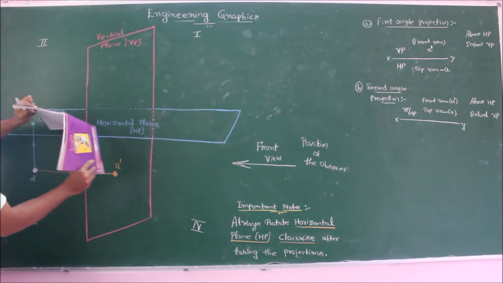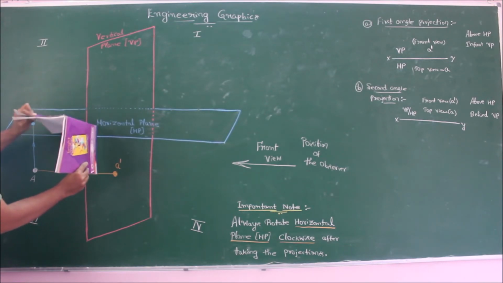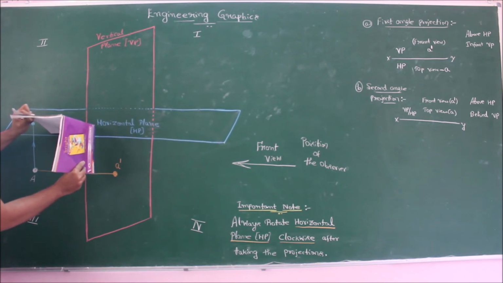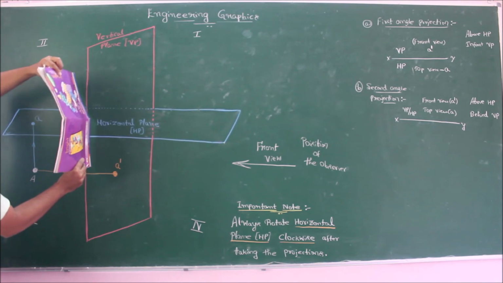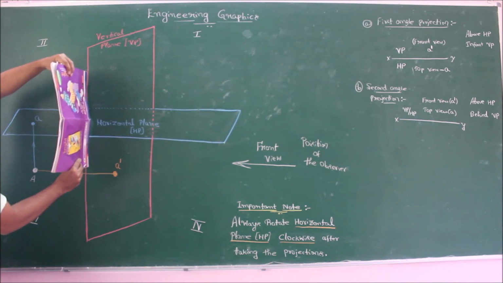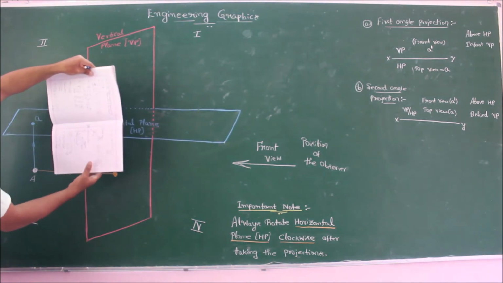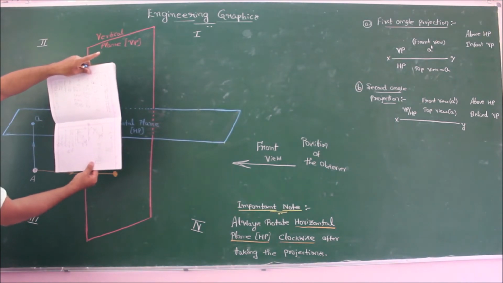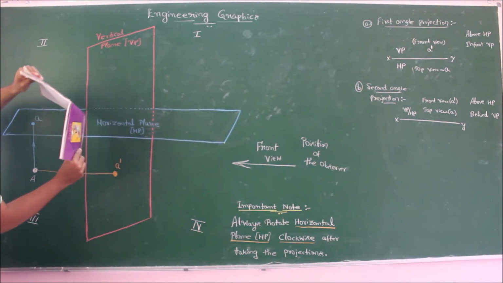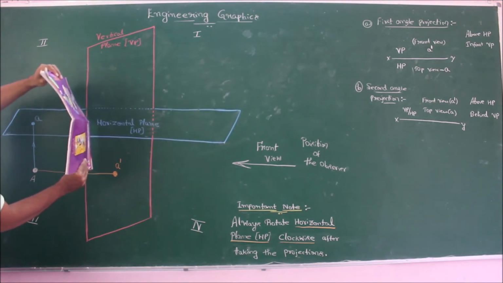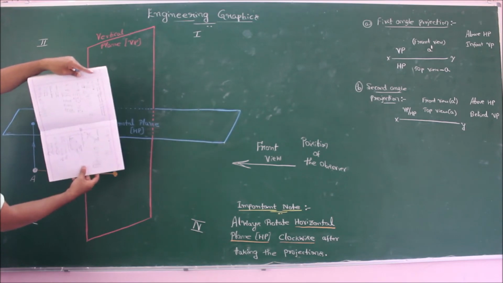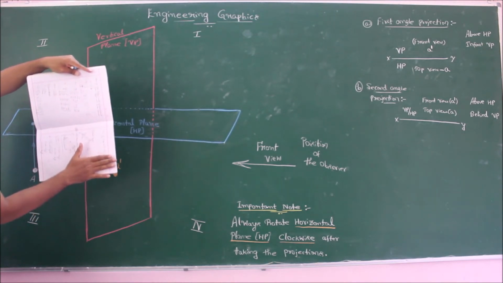Now this is the vertical plane and this is the horizontal plane. As I already said, once we have taken the projection, always rotate the horizontal plane clockwise. So therefore, rotate the horizontal plane clockwise. Now if you see, the vertical plane is below and the horizontal plane is above. Take the projection, rotate the horizontal plane clockwise. Now the horizontal plane is above and the vertical plane is below.